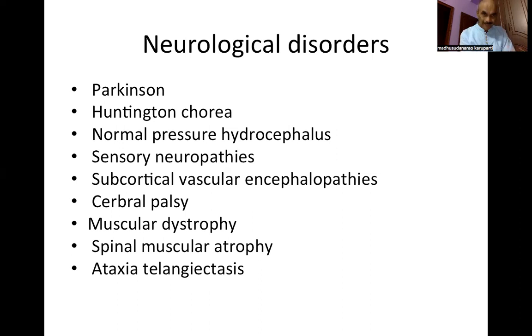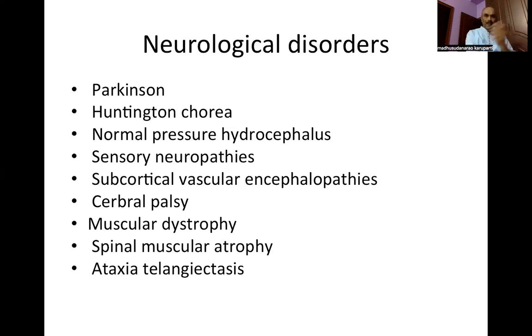It includes Parkinson disease, wherein there is a movement disorder because of the degeneration of the nerve cells producing dopamine in the substantia nigra.